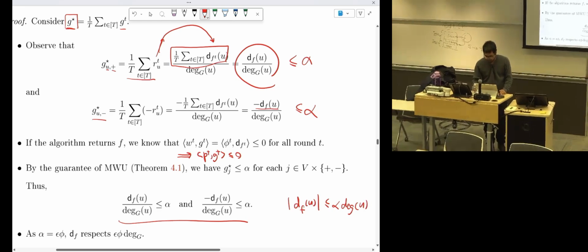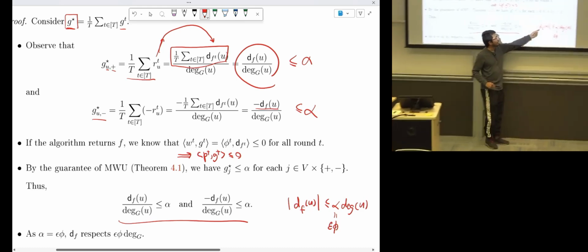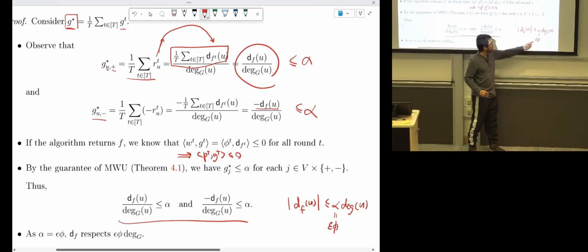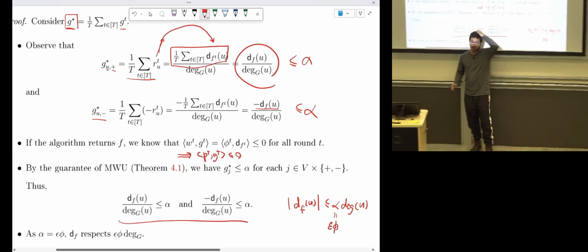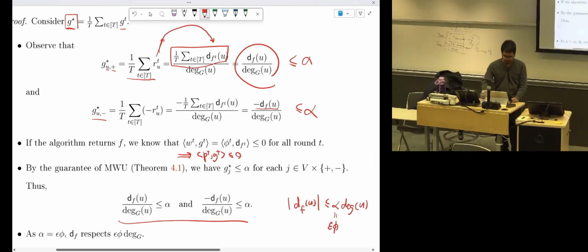But that alpha is epsilon phi. So this just means that the excess here is at most epsilon phi times degree.